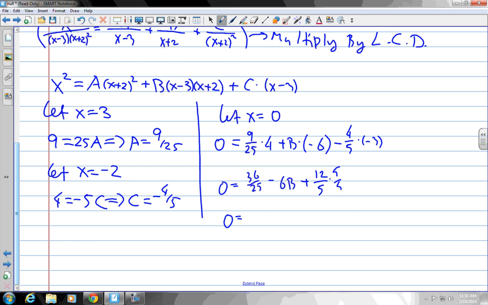So that's 60. 60 plus 36, so that's 96/25 here, and I put 6b there, right? So divide that by 6, that should be something nice. Isn't it? Yeah, so it's 16/25. So b equals 16/25.